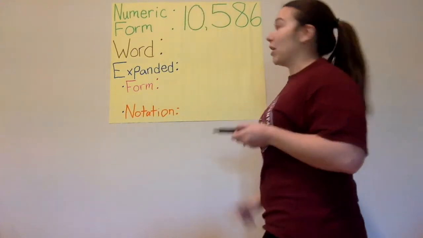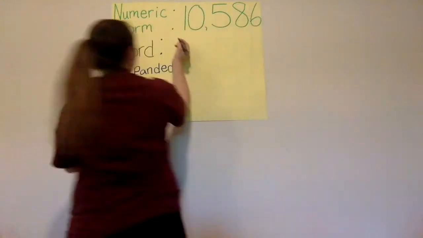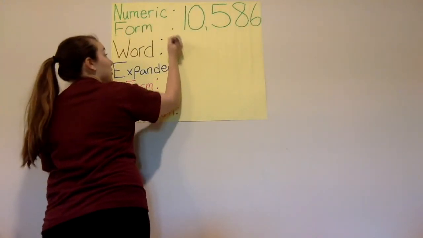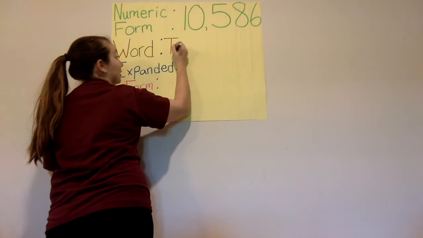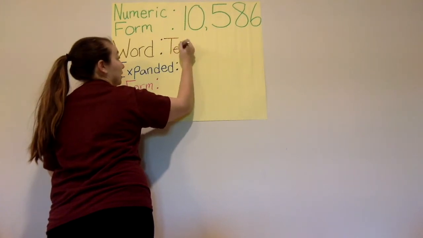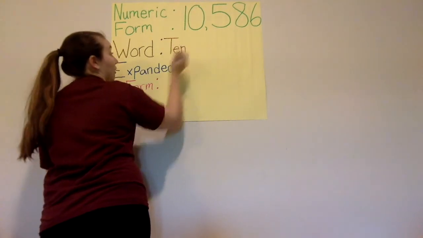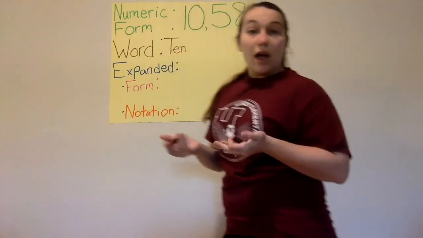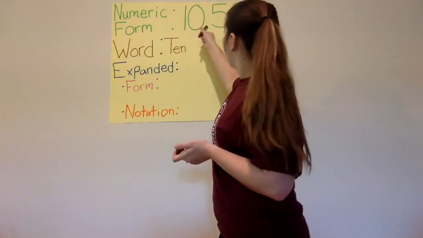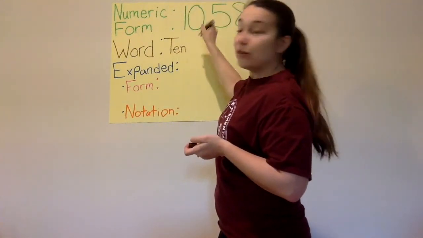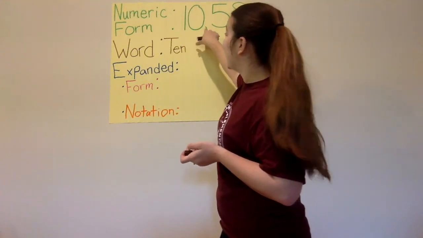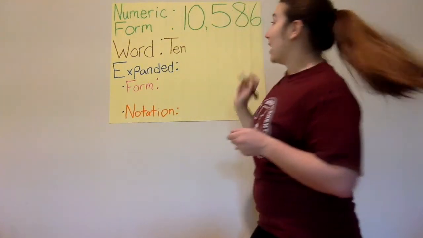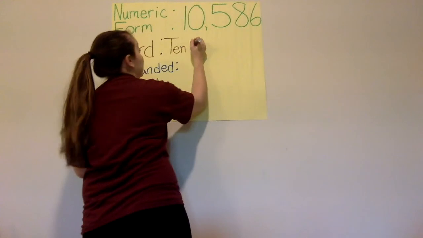The number 10, right? So the very first thing I'm going to write in word form is going to be 10. All right. And 10 what? What do we have? 10,000. That comma represents thousands. So I'm going to write 10,000.